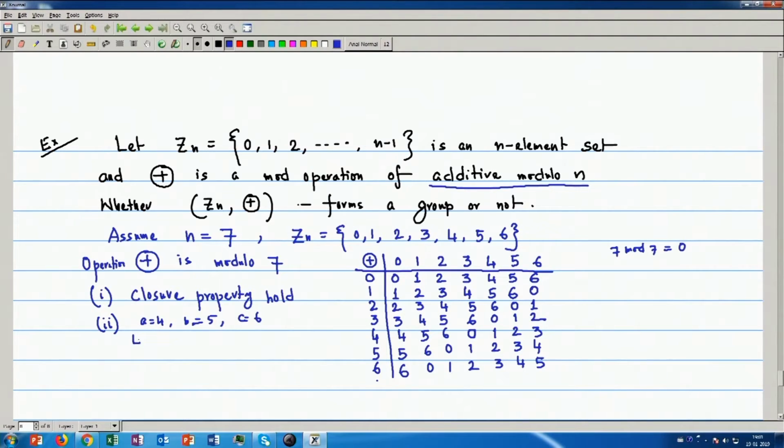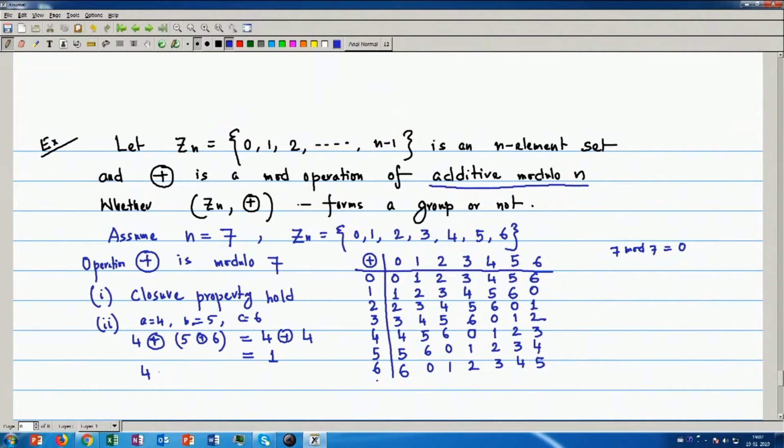So, I can take 4 plus 5, plus 6, this is equal to 5 plus 6, that is 11. So, this becomes 11 modulo 7, which is 4, and 4 plus 4 is 8. So, 8 modulo 7 is 1.